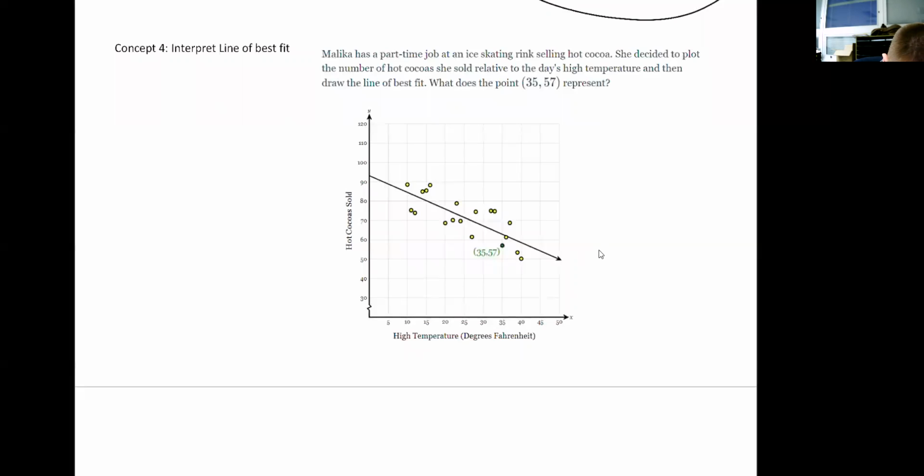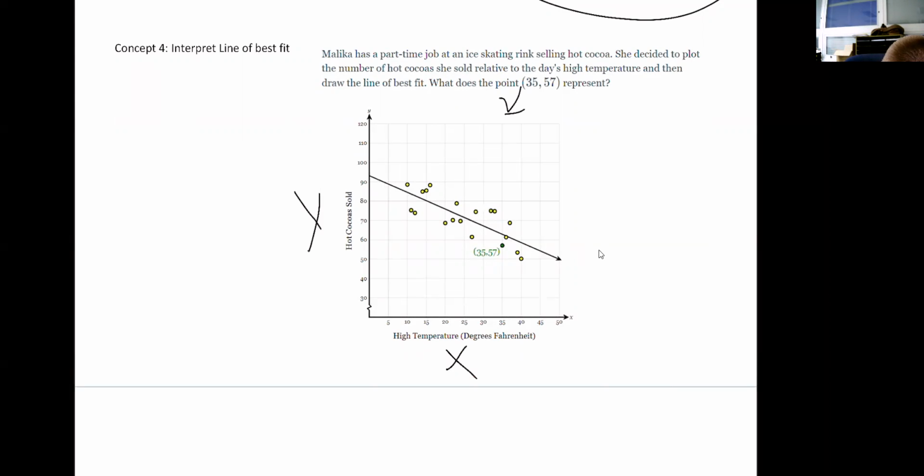But what you always want to remember is this is your X value going along the bottom. This is your Y value going up and down. So any X value you see is talking about temperature in this example. Any Y value you see is talking about the number of hot cocoa sold. So they ask us, what does the point (35, 57) represent?